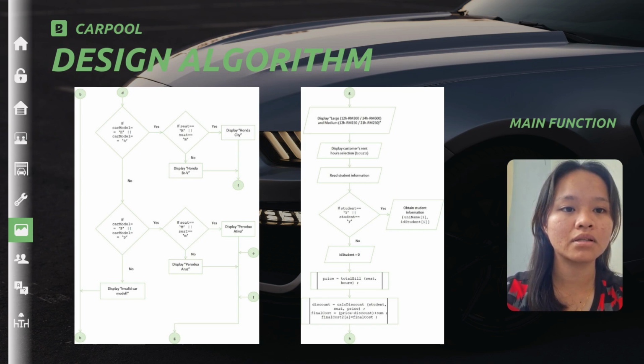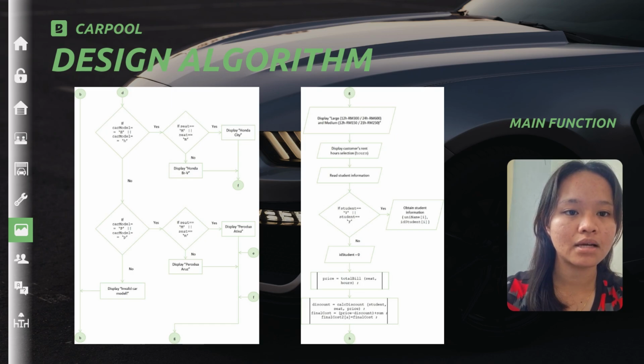For the customer rental hours selection, the system will ask the customer to select the rental duration in hours. Next, for student verification, the system will check if the customer is a student. If the customer selects Y, the system obtains student details such as university name and student ID. If the customer is not a student, the system sets student ID to 0.